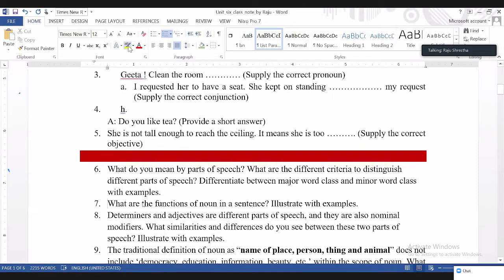What are the functions of noun in the sentence? What are the different functions? This is in subject position, this is object position, object also, this is direct object, benefactive object, used in a different function.